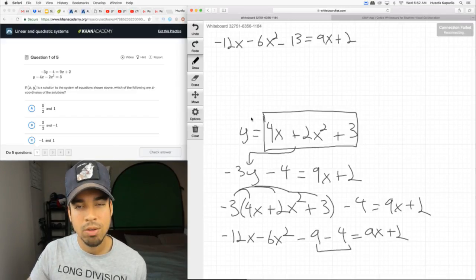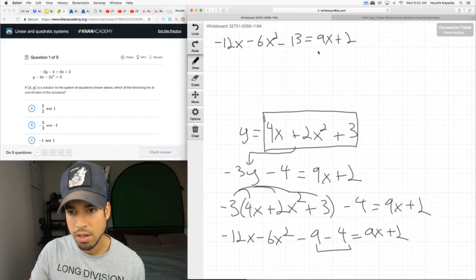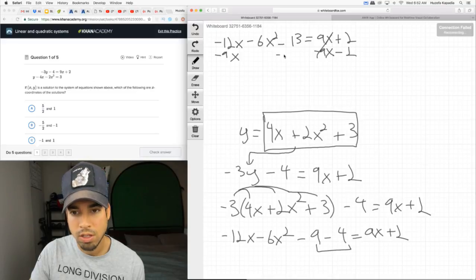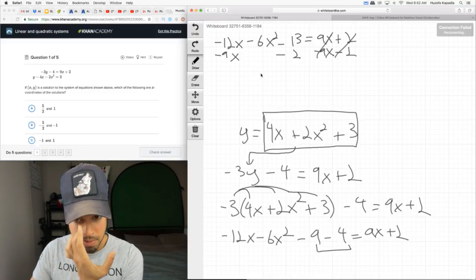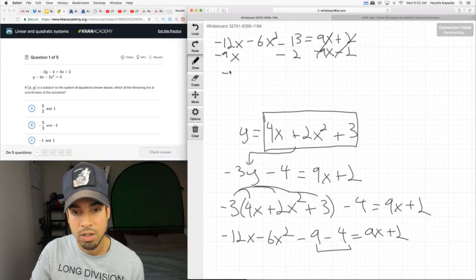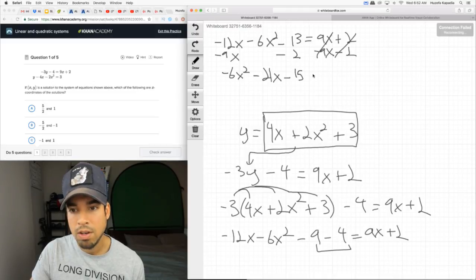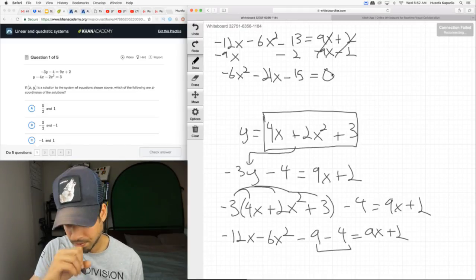We're going to set everything equal to 0 so we can factor, hopefully. I'm going to subtract 9x from both sides and subtract 2 from both sides. And now I'm going to put the squared term up front. Negative 6x squared, negative 12x minus 9x gives negative 21x, and then minus 15 equals 0.